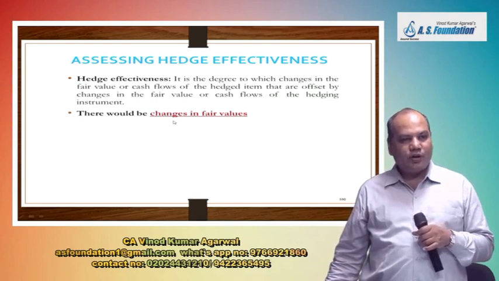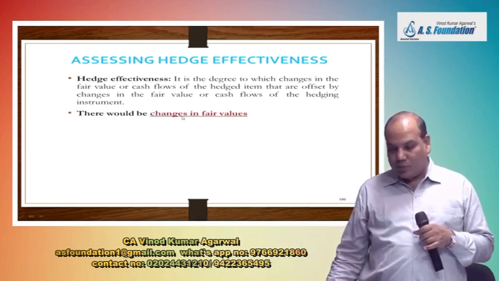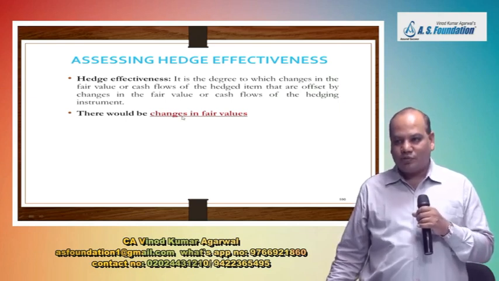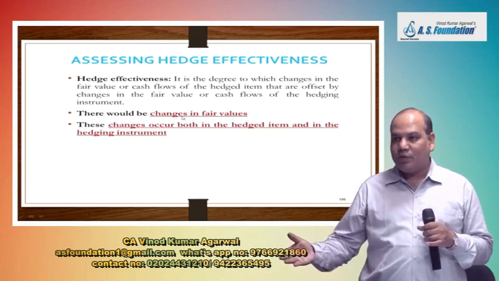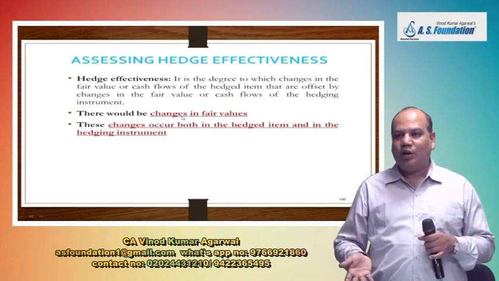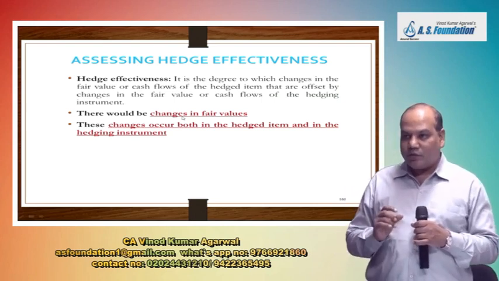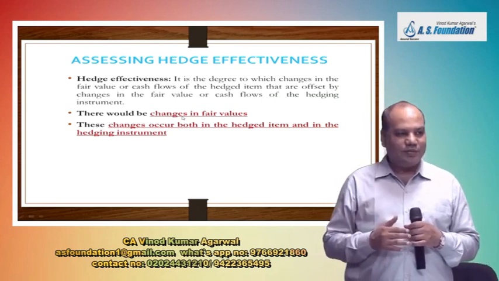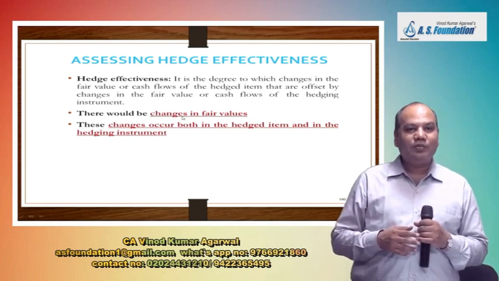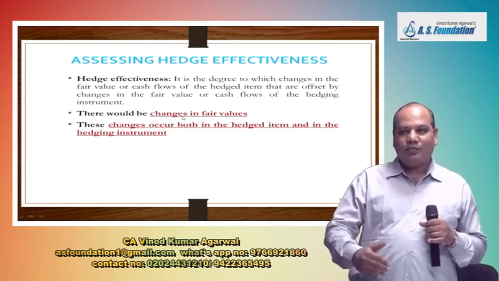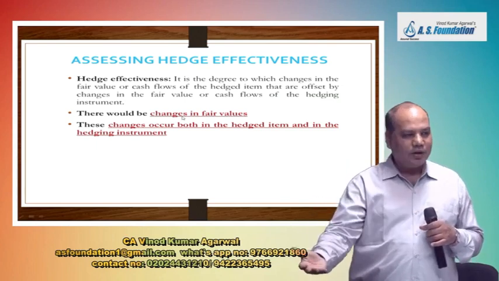How do you check effectiveness? There will be a change in the value of both the hedged item and the hedging instrument. If there is no change in the fair value of the hedged item, why do I need a derivative for that? But the change should be in the opposite direction, which means the loss in one will result in a gain on the other.